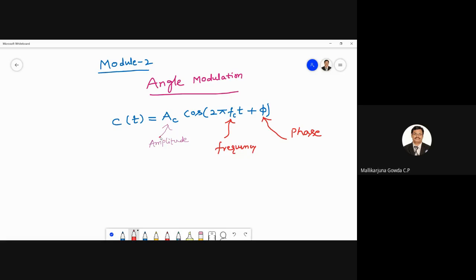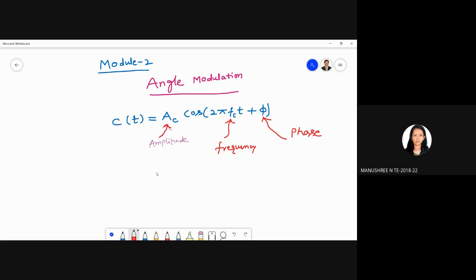Can anyone say what we have done in amplitude modulation? We were varying the amplitude, keeping frequency and phase constant.